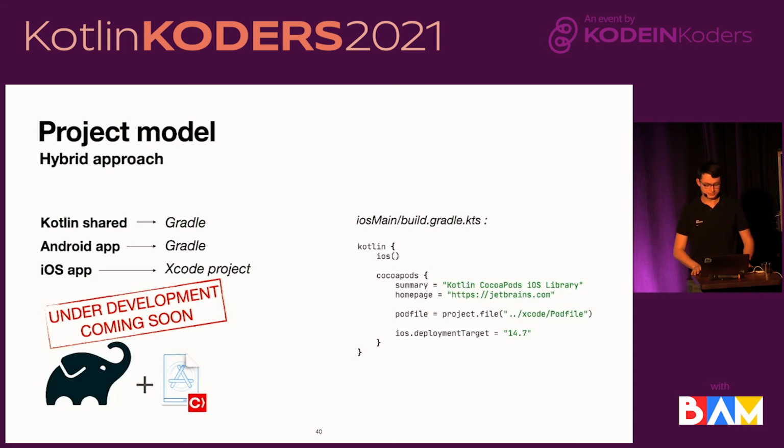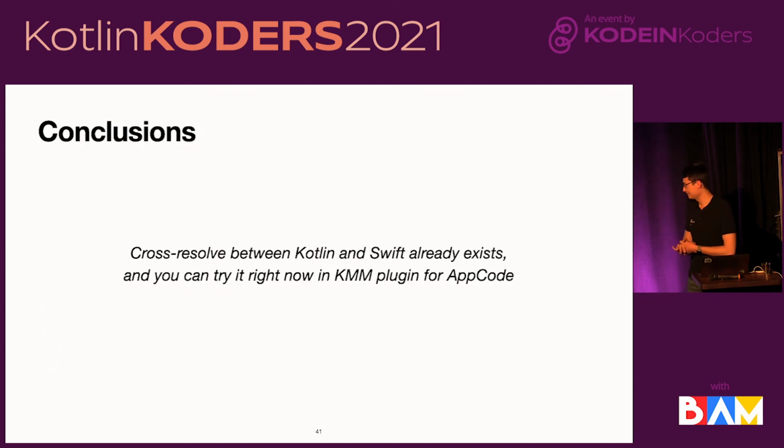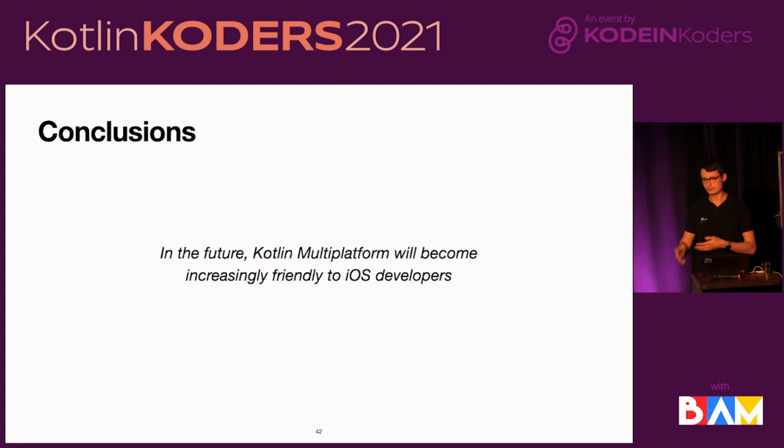Going to conclusions. First of all, you saw that cross-resolve between Kotlin and Swift already exists, and you already can try it out. You already can create some projects there. And in future, Kotlin Multiplatform Mobile will be more and more friendly to our iOS developers.